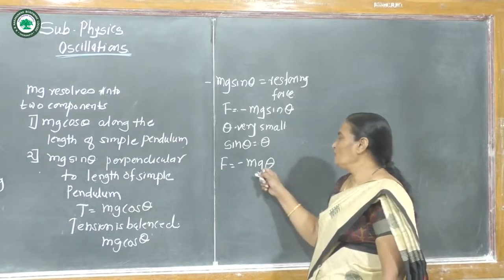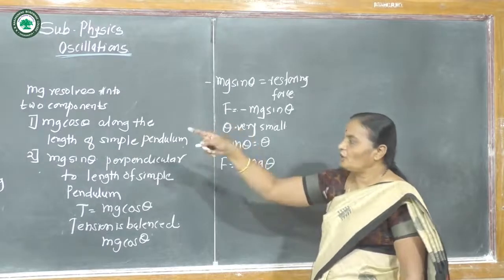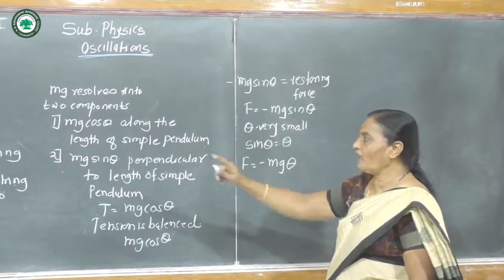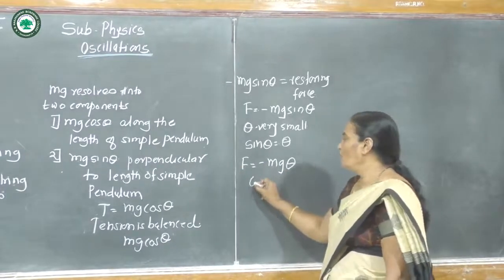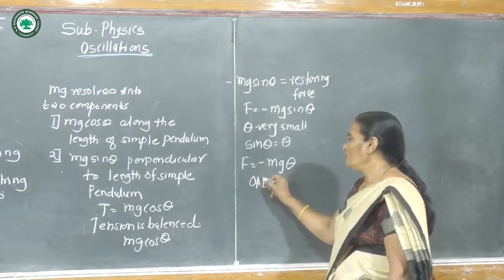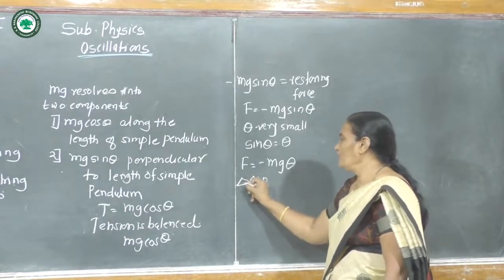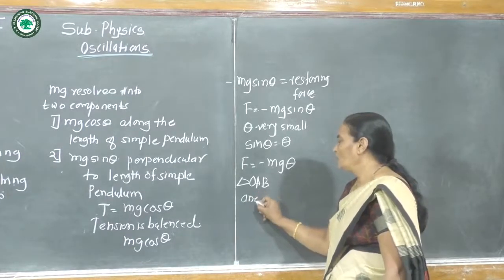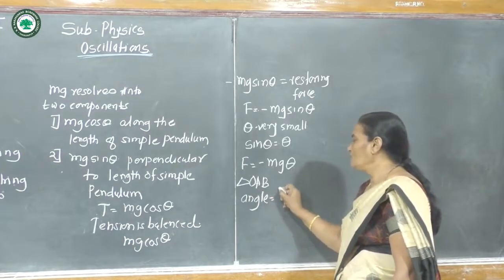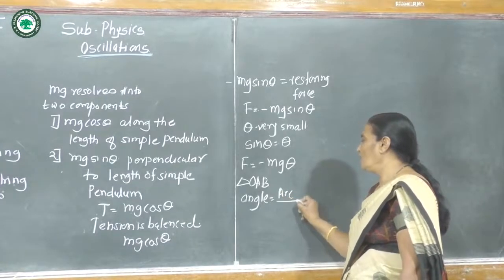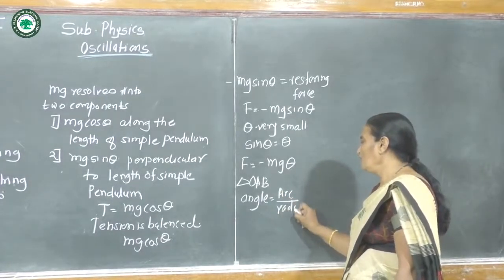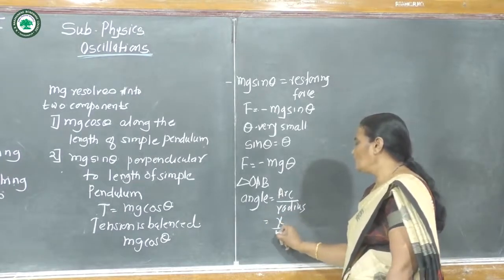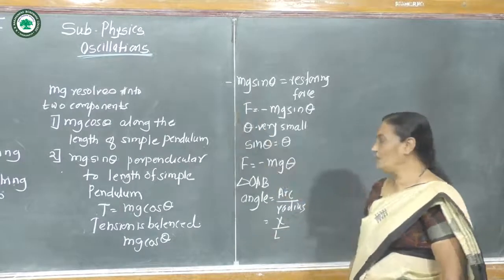Now suppose we take the triangle OAB. From this triangle we can find the value of theta. We have the formula: angle is equal to arc divided by radius. Here the arc is x and the radius is L, the length of the simple pendulum.